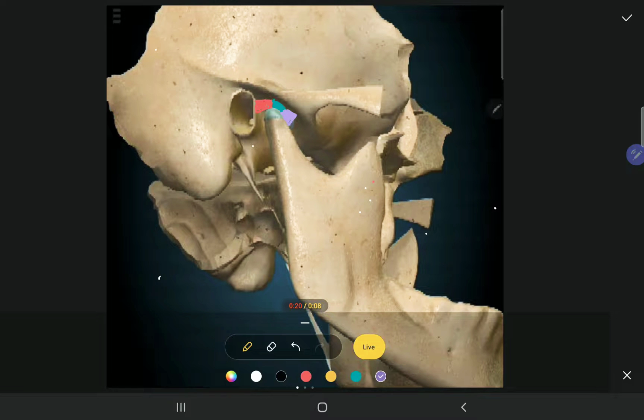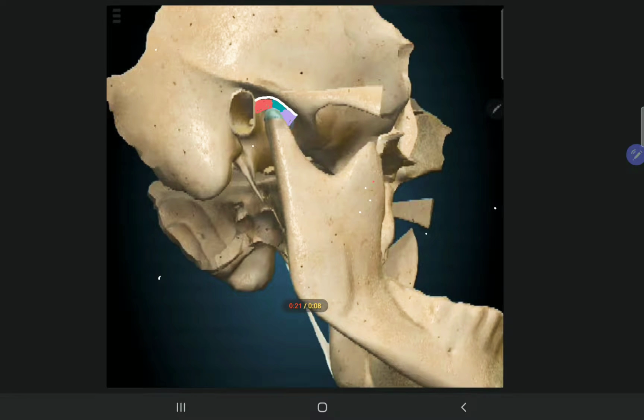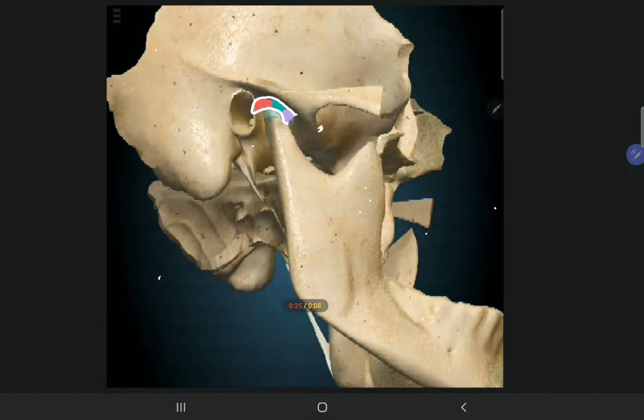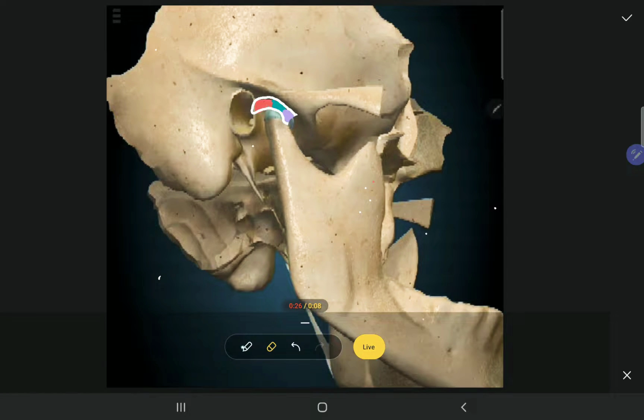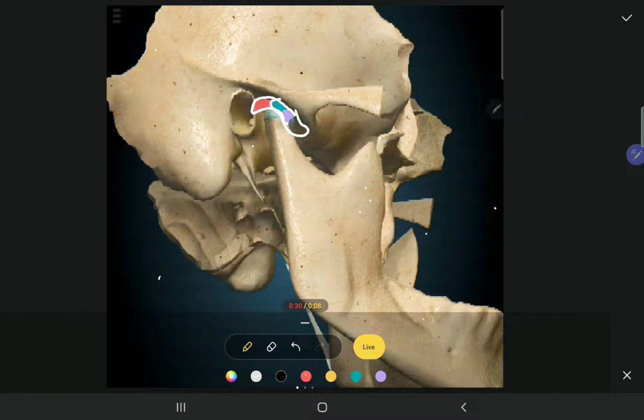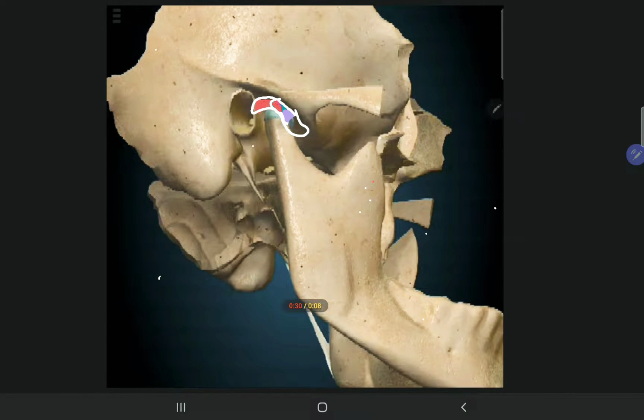When there is a displacement of the disc, that means this whole of the disc is displaced anteriorly. So, instead of this situation, the situation becomes somewhat like this. So, the posterior band comes here.